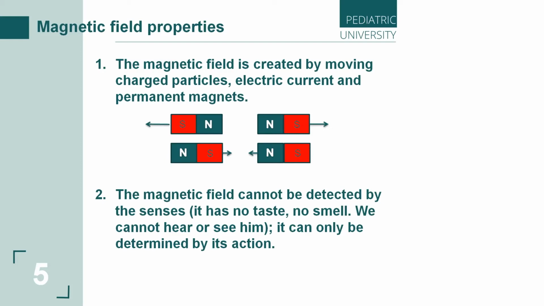Regarding the attraction of opposite poles of a magnet, you can see in the picture that the same poles repel and the different poles attract. So opposite poles attract, and the same poles of a magnet have repulsion.